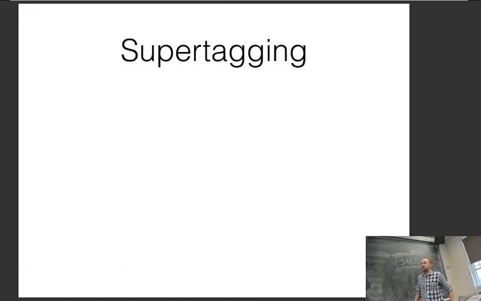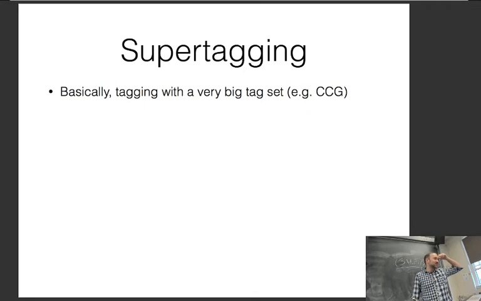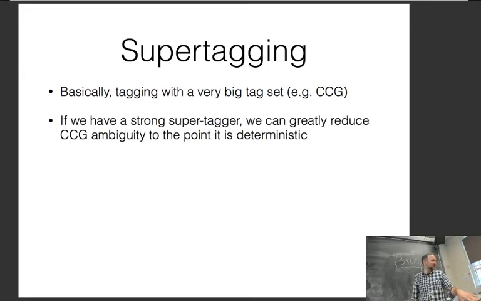So based on those two things, this introduces two new methods that people like to use for these tasks. One is called supertagging. Supertagging is a cool name for something that's really simple. It's just tagging with a really big tag set. The CCG symbols, there can be hundreds of them.